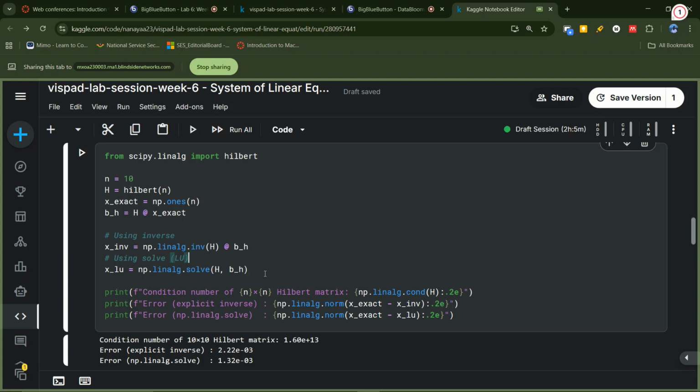Of course, if we take this, it takes your matrix A, your matrix B, and it tries to automatically compute the unknown.